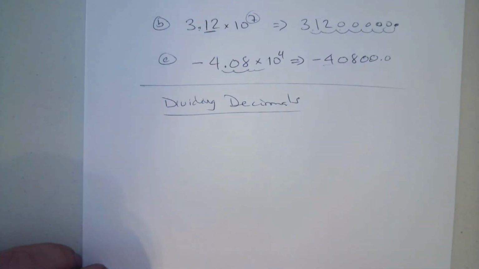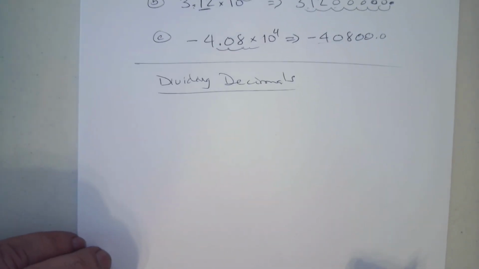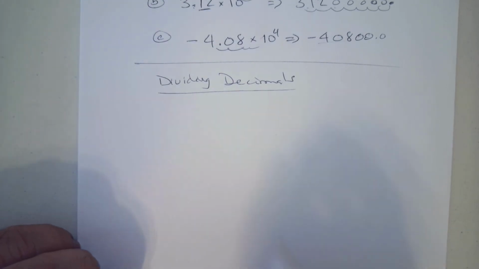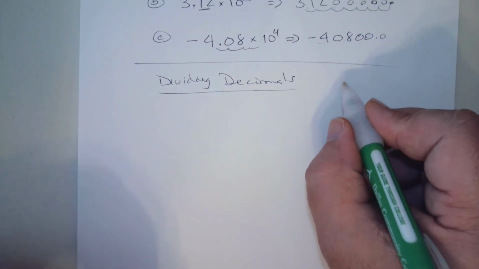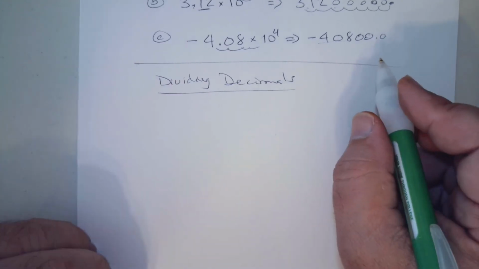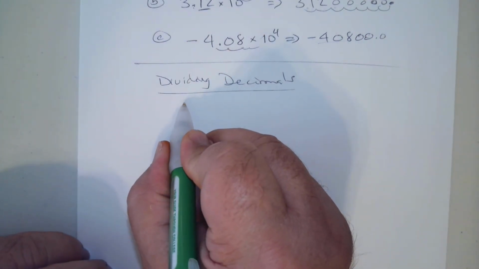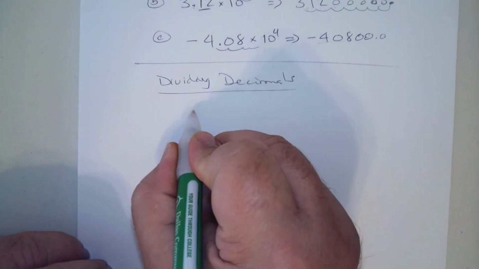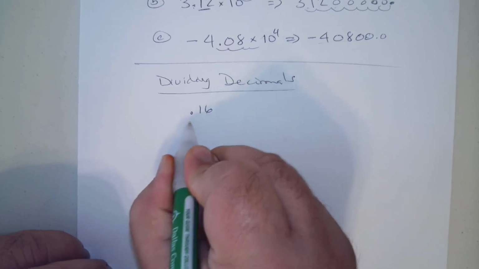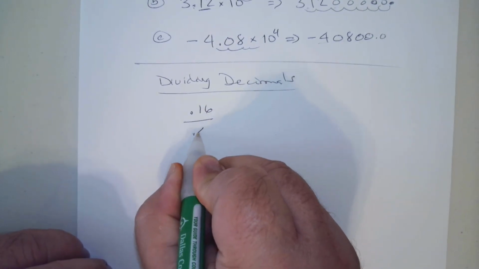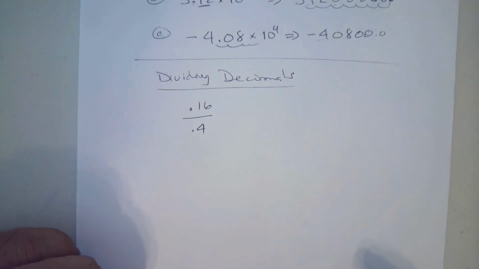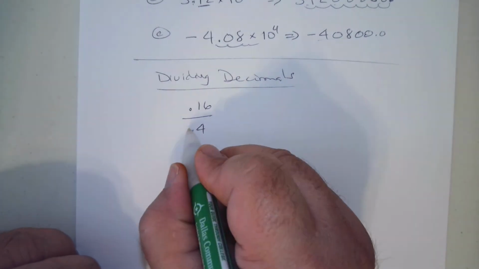Dividing decimals. Remember how we did with multiplication? When we multiplied, we got rid of the decimals and then put it back at the end. But when you're dividing, let's make something easy here. 0.16 divided by 0.04.